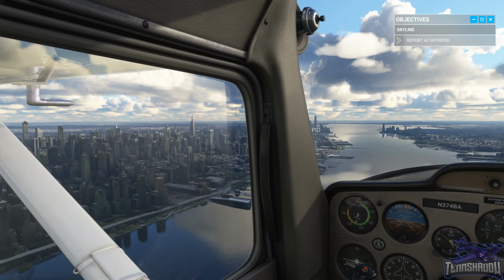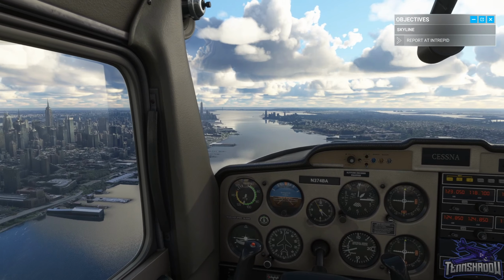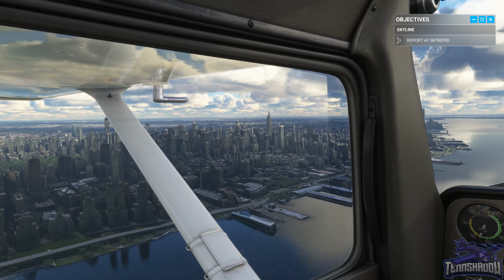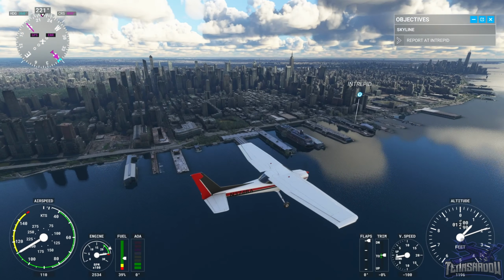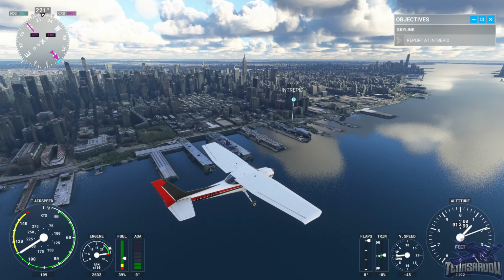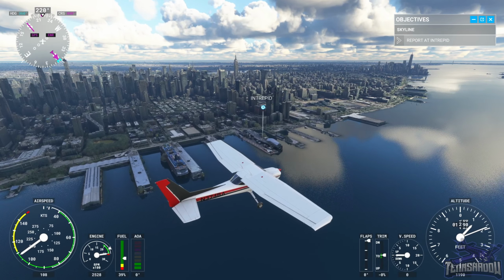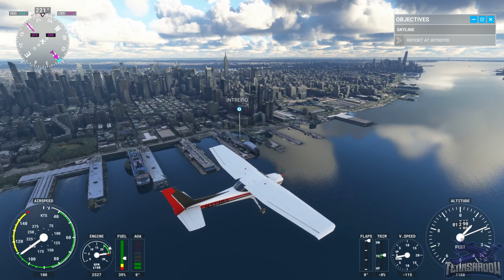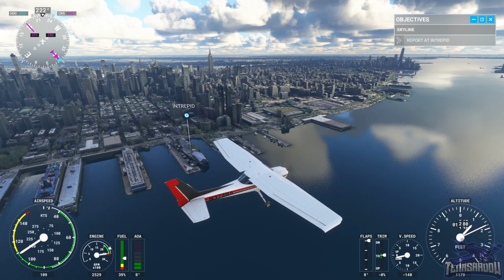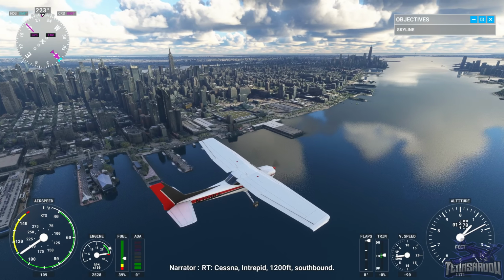Still very cool though what you can do now in this sim, so not complaining, just an observation. Cessna Intrepid, 1200 feet southbound.